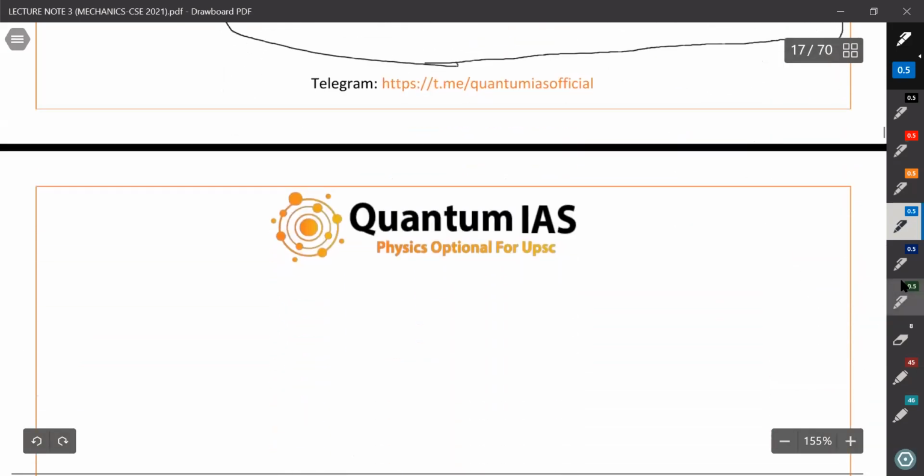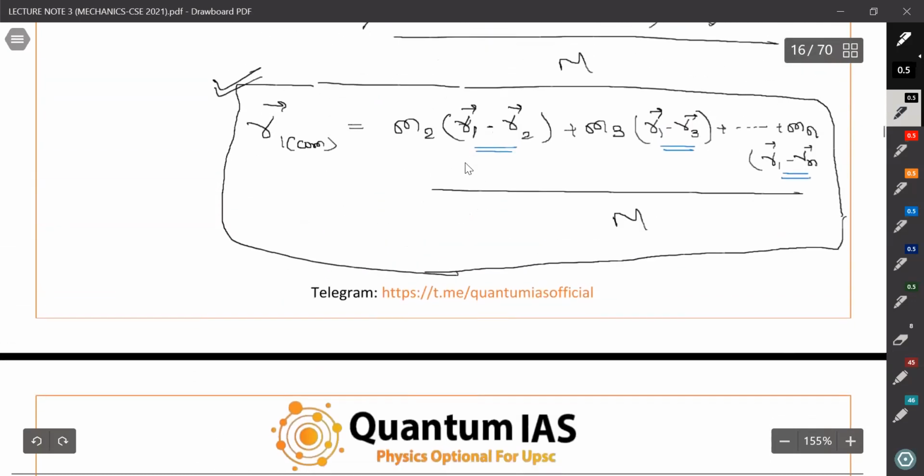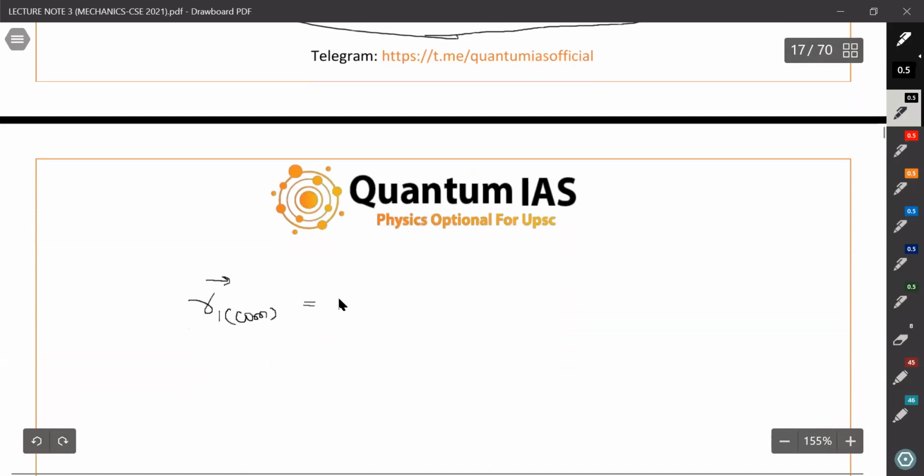So you can write it down like this also, that, sorry, r1 with respect to center of mass is equal to, so we don't have m1 here, we will have m2 only, m2, and it is what, r1 minus r2.